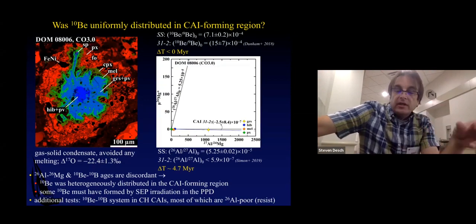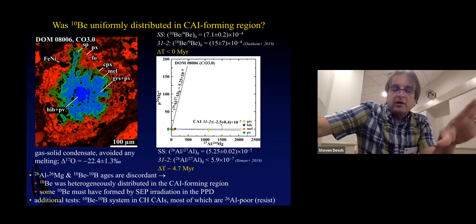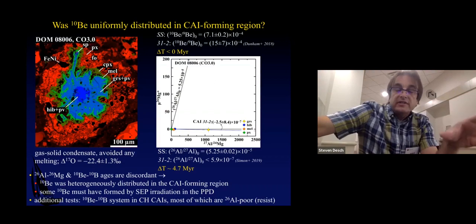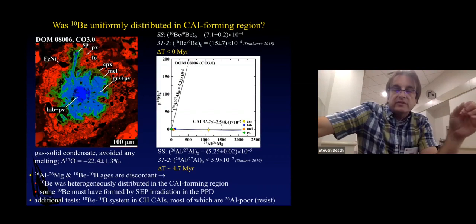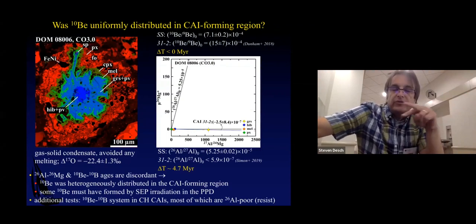And getting back to the other FUN CAIs, the only non-hibonite-dominated FUN CAIs you can play this game with that might have a distinct beryllium-10 and aluminum-26 are only two, and they're CMS-1 and KT-1. Both of them are consistent with formation at 0.8 million years in both systems.